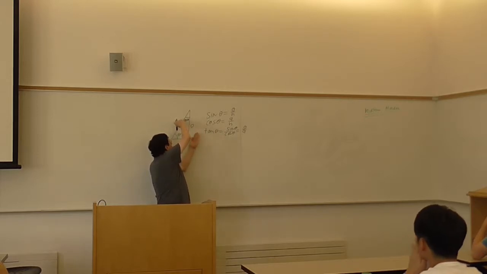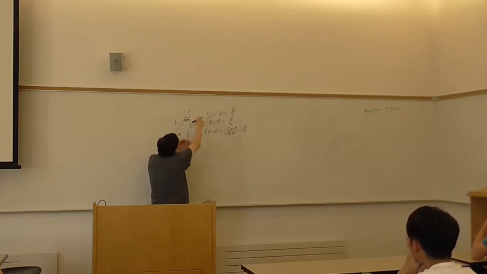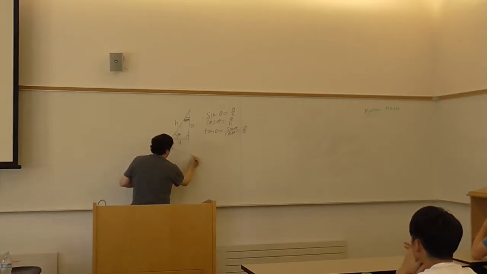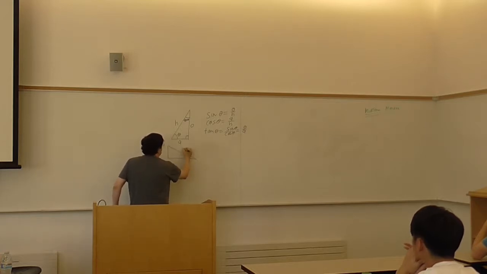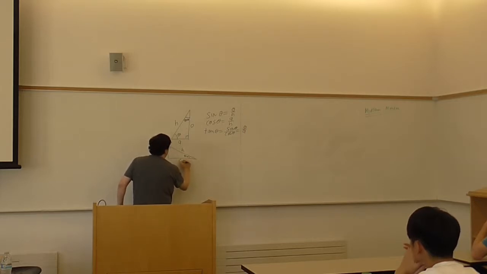You can kind of in your head rotate this triangle over. You really have to do that. Just draw it. I make things simpler. So here's my 90 minus theta degree, my hypotenuse, my adjacent, and my opposite.